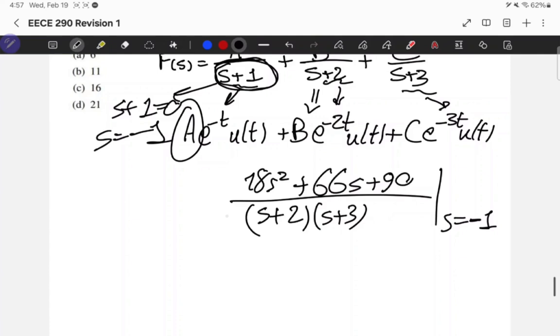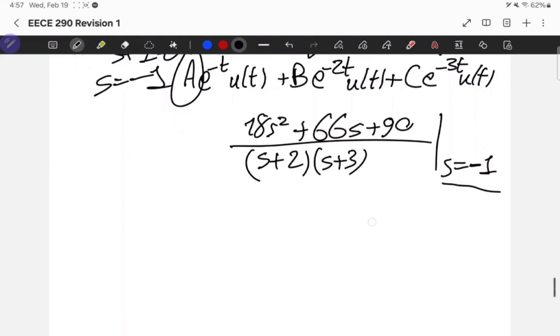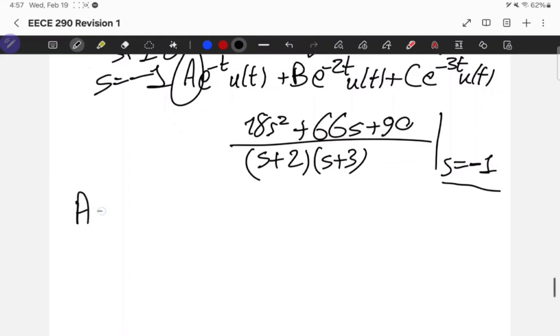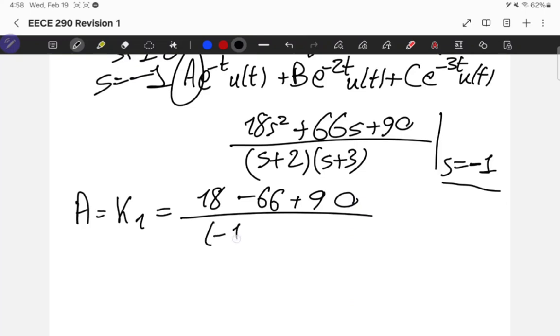So here I covered up s plus 1, and I evaluate everything at s equal minus 1, whatever makes my denominator equal to 0. So a, which is equal to k1, equal to 18 minus 66 plus 90 over minus 1 plus 2 minus 1 plus 3.